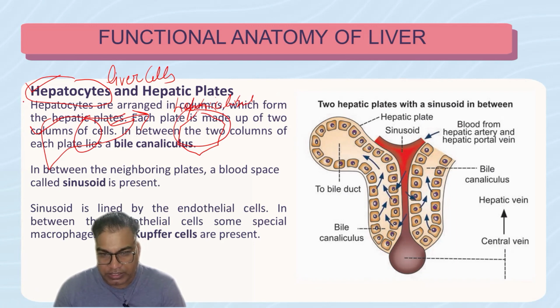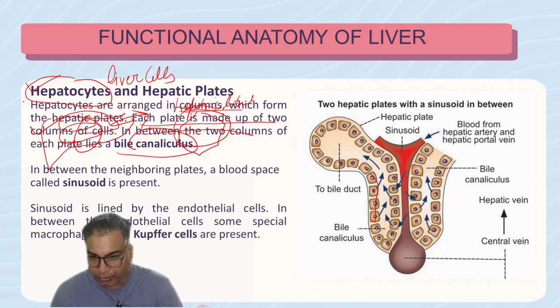These cells are arranged in columns, which form hepatic plates. Each plate is made up of two columns of cells. In between these two columns, a bile canaliculus is present.